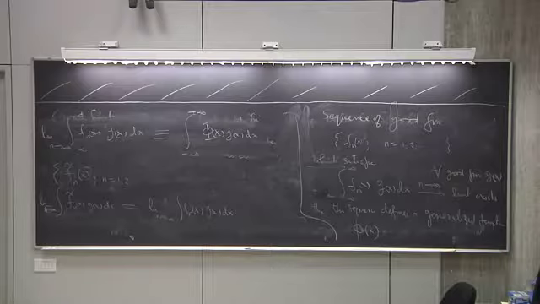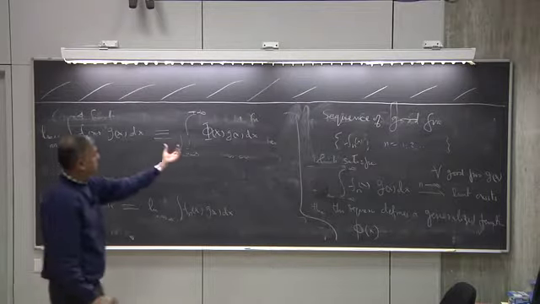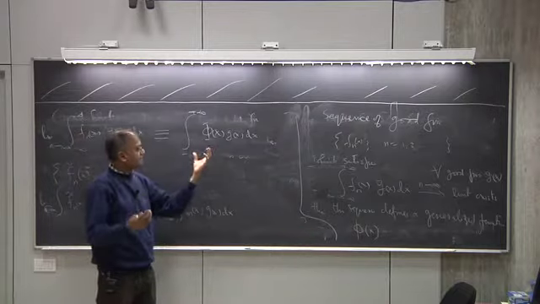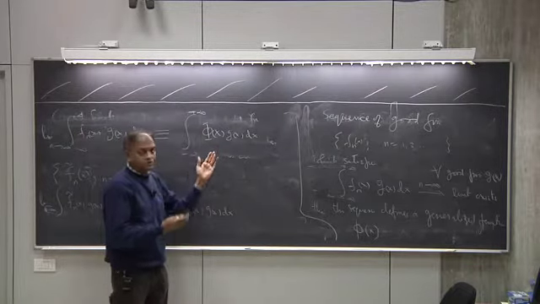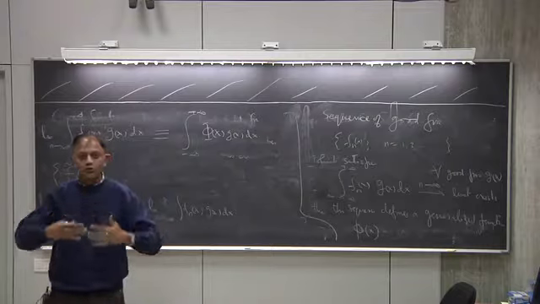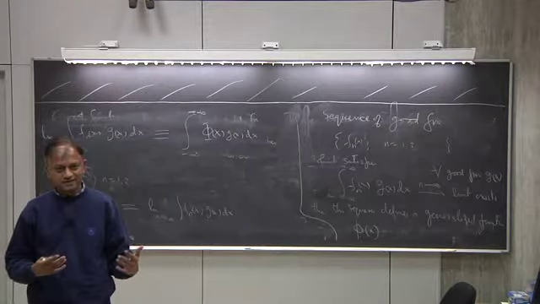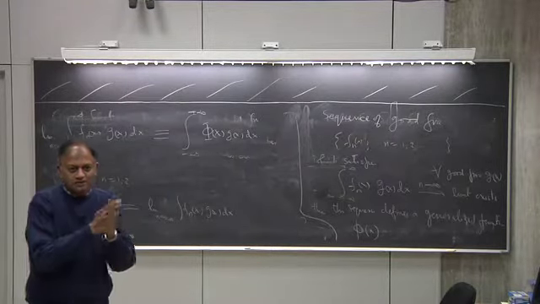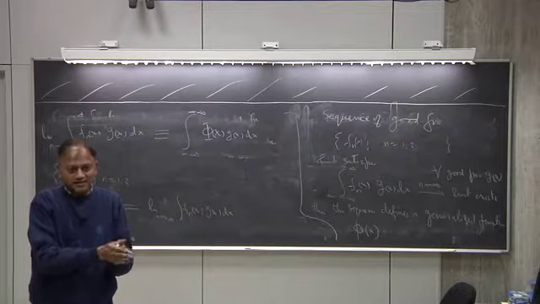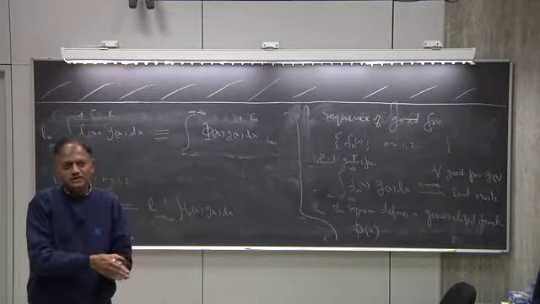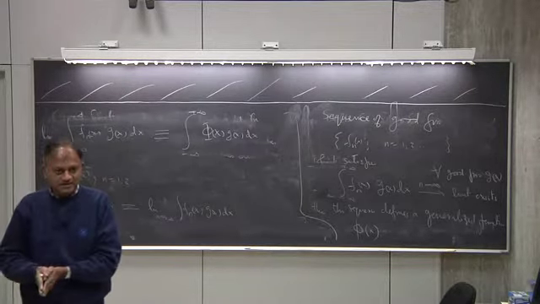It's infinity, right? So you are defining the generalized function only through its properties under integration. You never need to talk about a generalized function as such. You always use it under some integral.